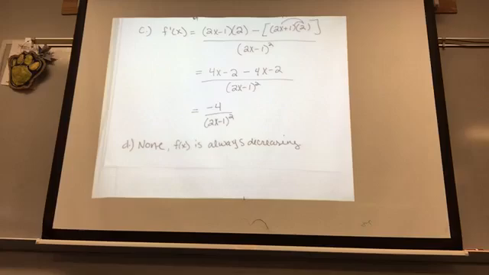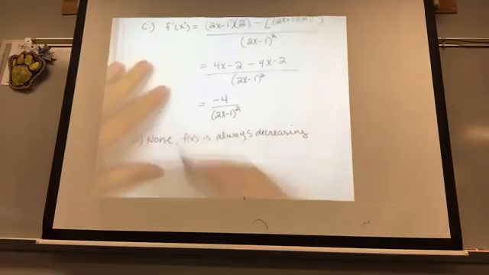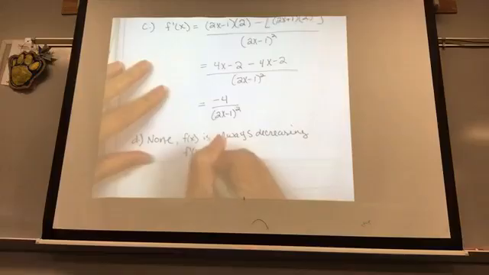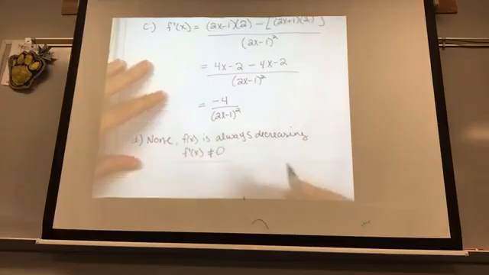And then what could we say about the derivative? F prime of x, the horizontal tangents are always the zeros on the derivative. And there's no zeros. There's no zeros. So f prime of x does not equal 0.